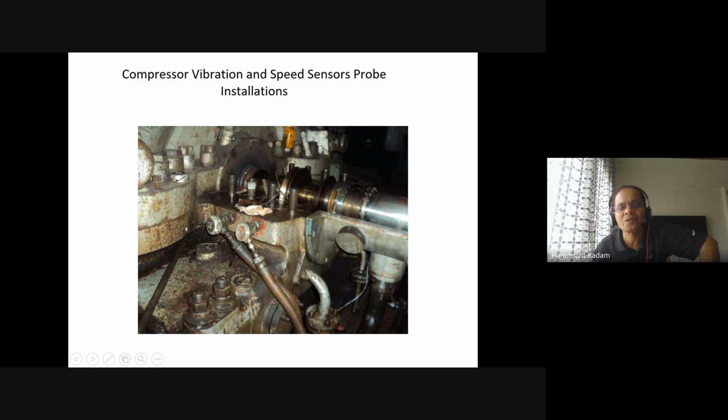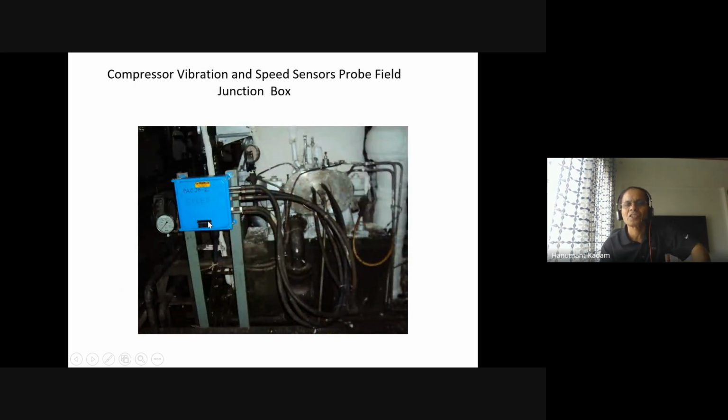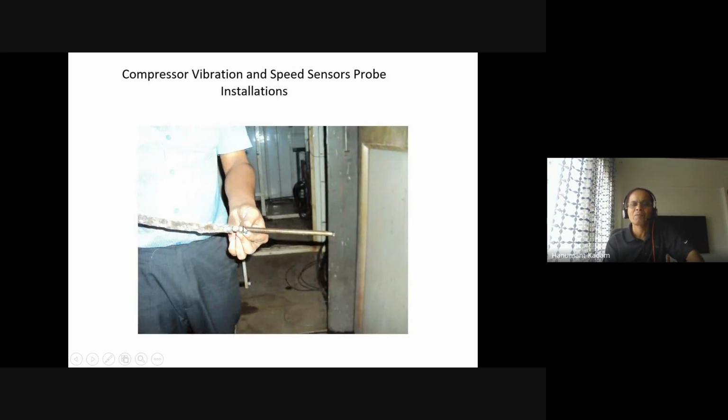From there you can see the signal goes to the proximeter. So this is the JB, and on the JB the signals are coming, and this is the probe. You can see the vibration probe, the proximeter probe. The proximeter is on this side, but this is the sensor.